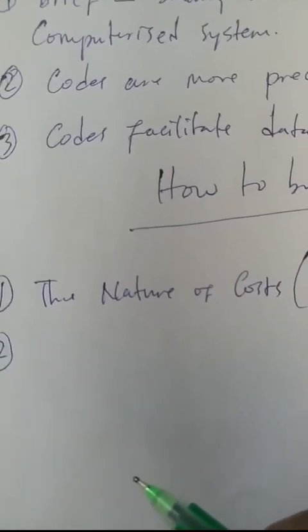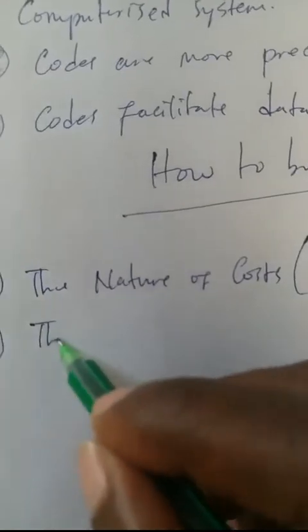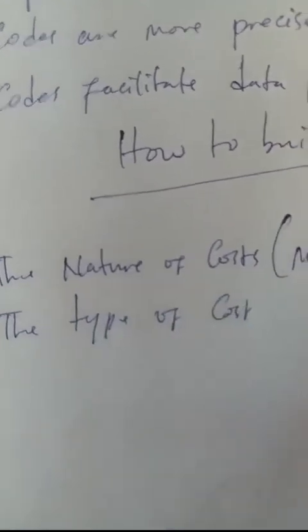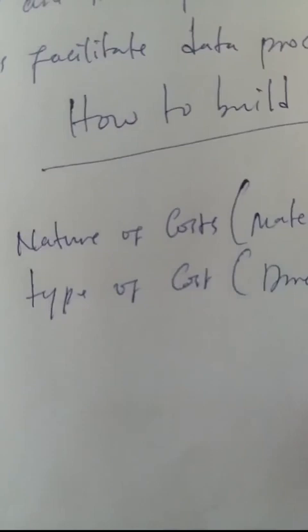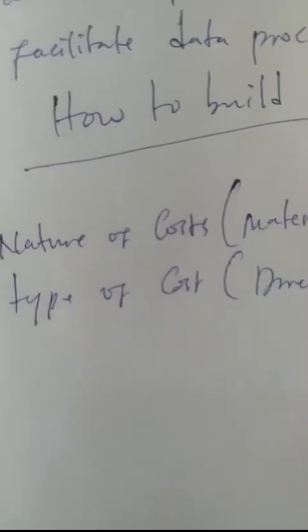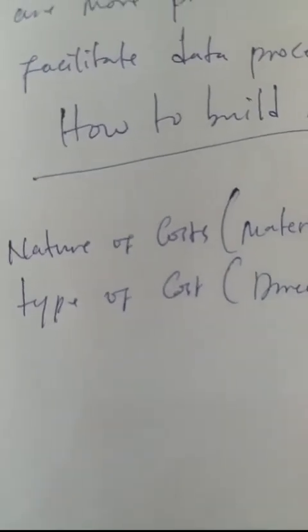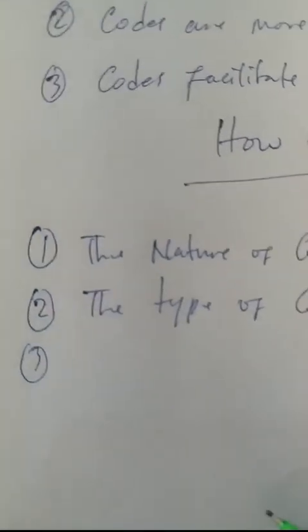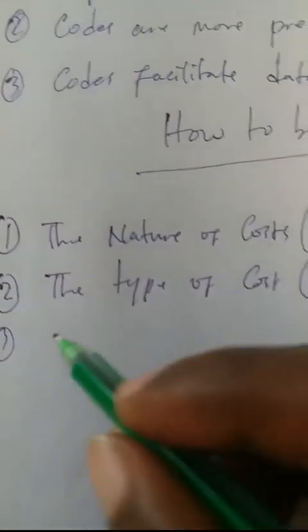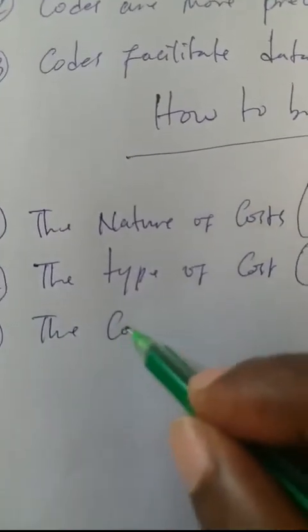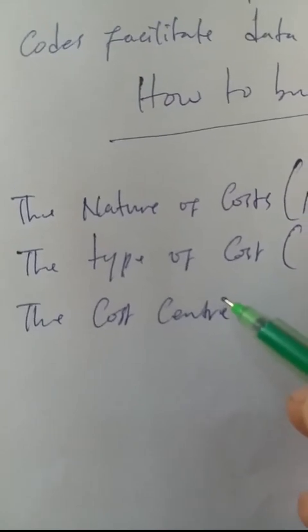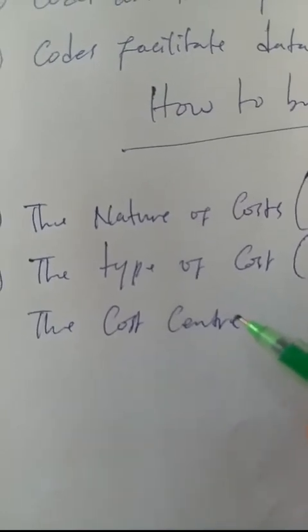Then number two, the type of cost. Is it a direct or indirect cost? Then number three, we are going to have the cost center, where the cost is being allocated or the cost units to be charged.